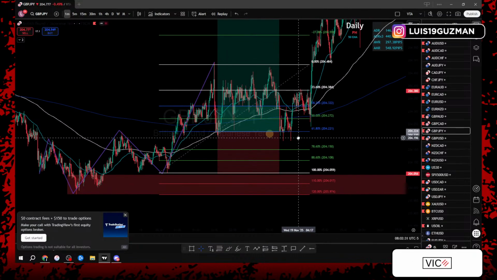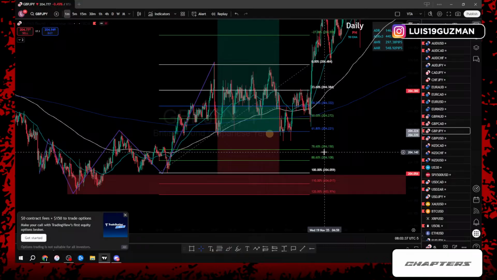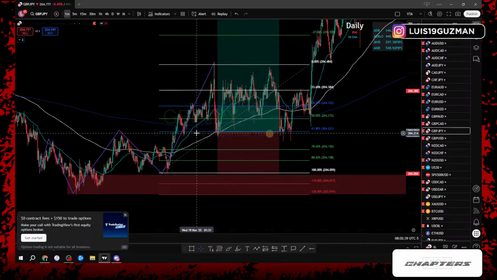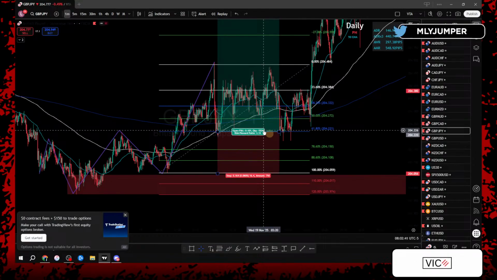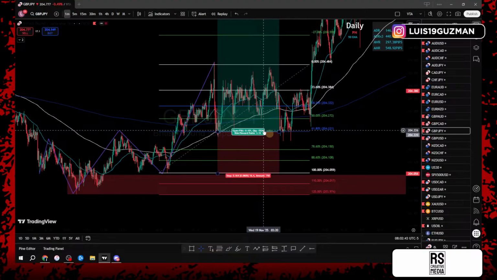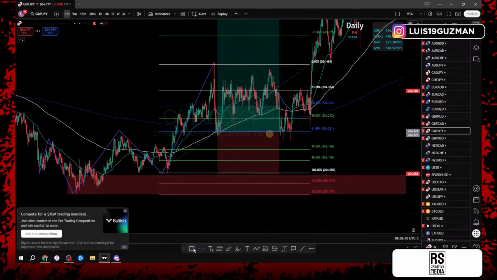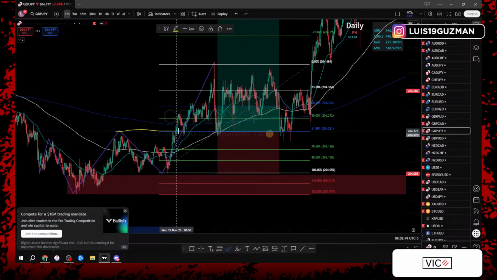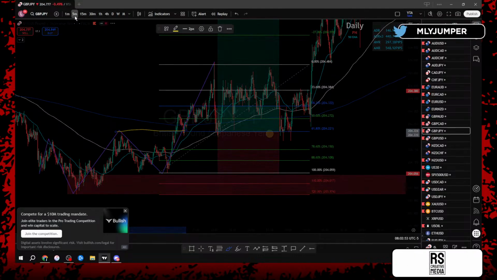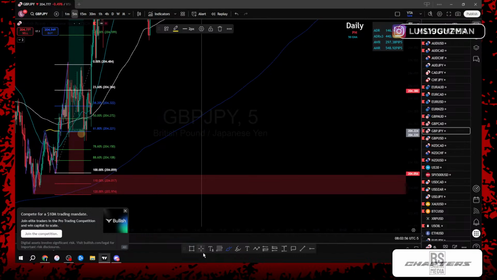But this is where you use market structure to your advantage, and your fibs, and your rules to your fibs. We could already see that price gave us a retest between 50% and 61.8. Right? When I'm looking for the breaks, where did the break of structure happen? The break happened here, which is, again, when we go to the 5-minute, we keep that line there.